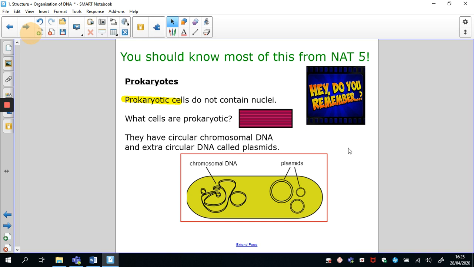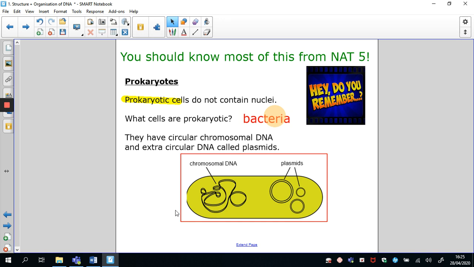Now it says here prokaryotic cells do not contain nuclei. That's because we're talking about plural there, lots of cells. So we wouldn't say nucleuses, we would say nuclei. Do not worry about that. So a cell that doesn't contain a nucleus, you already know from National 5, is a bacterial cell, or bacteria.